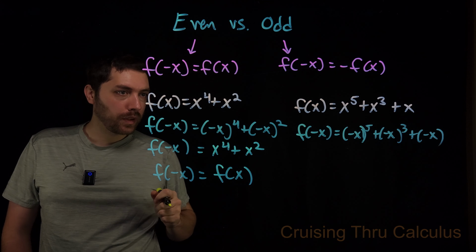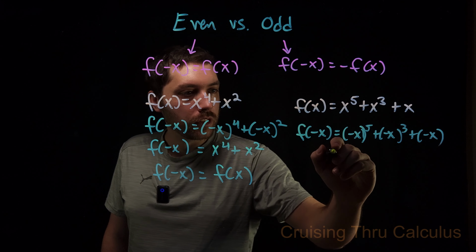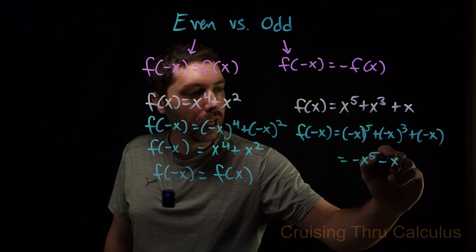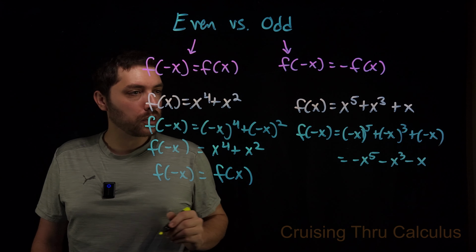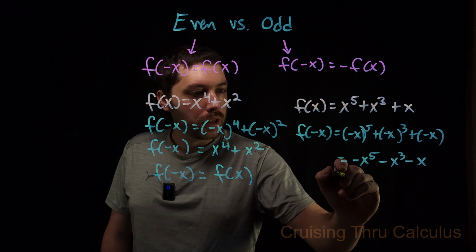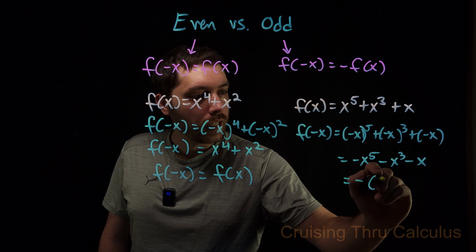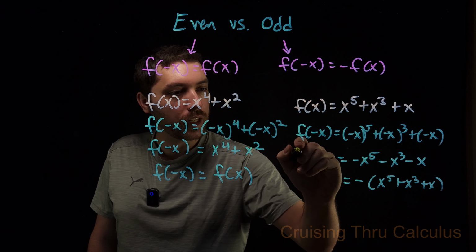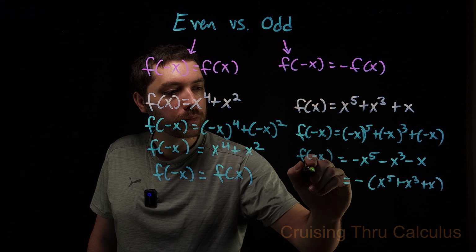All right, now we're going to simplify it. If you take a negative and raise it to an odd power, that is still going to be negative. So all of these pieces will end up being the opposite sign that they used to be. And what I'm going to do here is take a negative and factor it out from each piece. So the negative is now in front of everything like this.